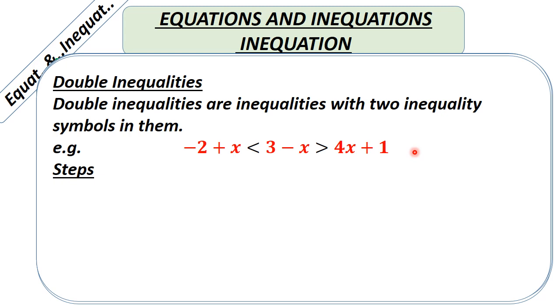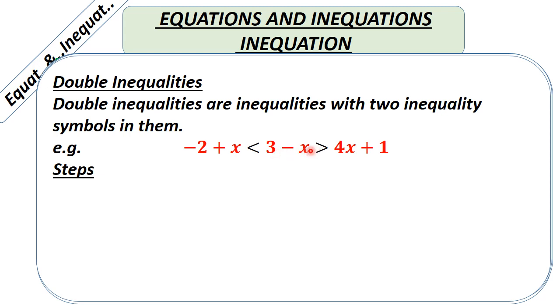There are basically 2 or 3 steps to deal with this. The first is you separate these. How do you separate them? You make sure that you write with one symbol. You write everything including the first symbol. When you meet the second symbol, you stop. So we write everything here up to here because I've met the second symbol.